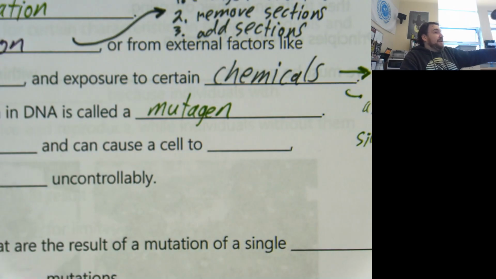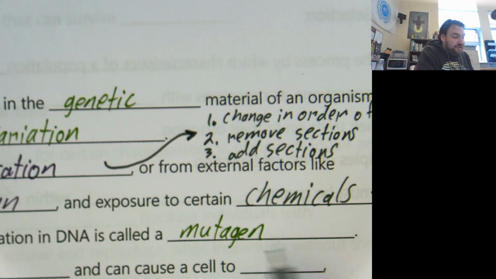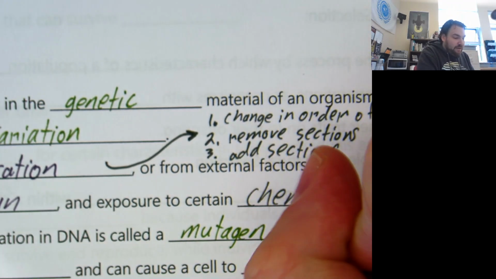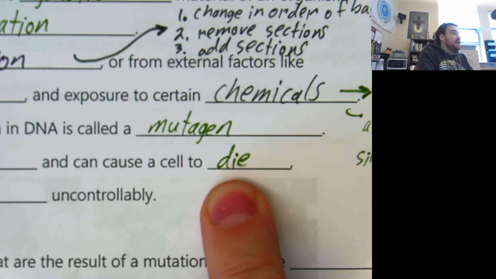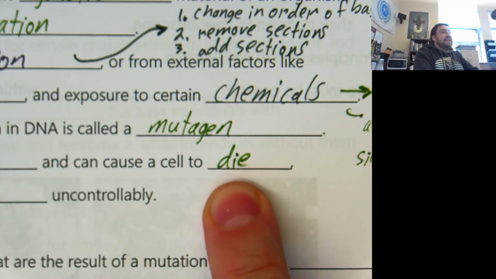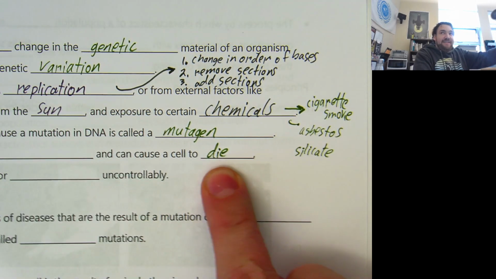It's a constant repeated overtime exposure where enough DNA damage has been done and enough mutation has happened where, because again, in the perfect world, it can cause the cell to die. That is the absolute best case scenario. Cell death from a mutation is the absolute best case scenario.